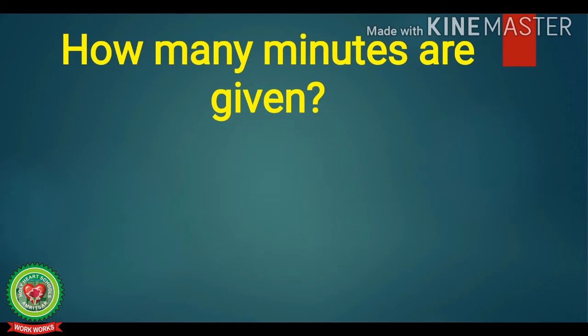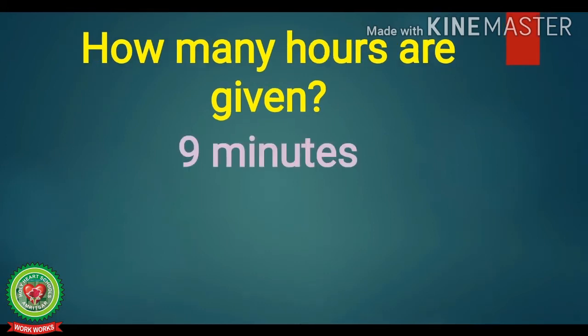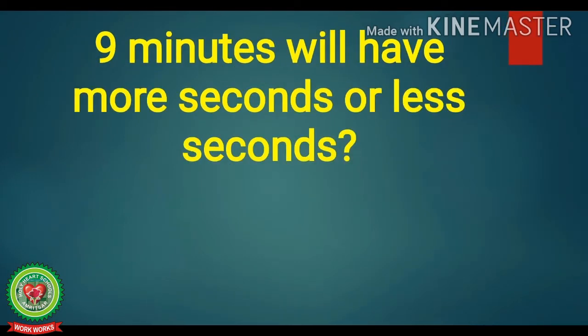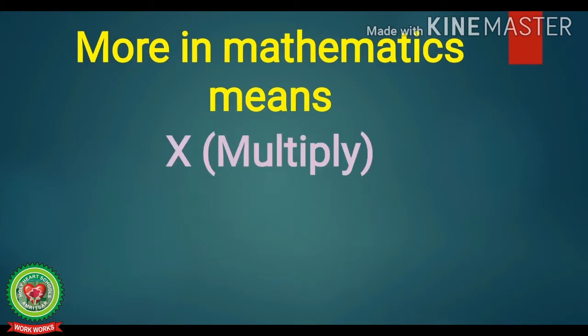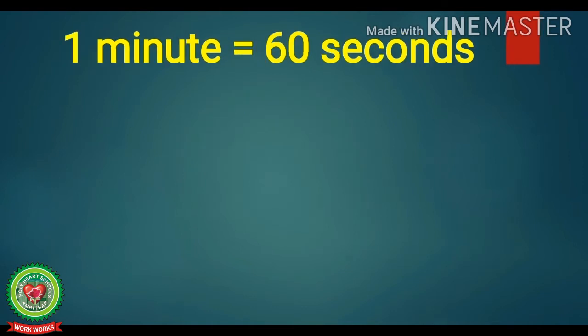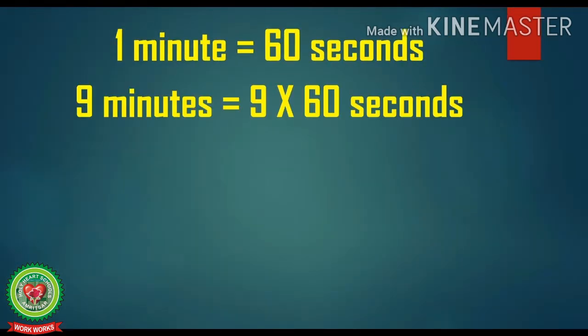So, how many minutes are given to us? 9 minutes. So, 9 minutes will have more seconds or less seconds? Yes, you are right. More seconds. And more means multiply. So kids, if 1 minute is equal to 60 seconds, then 9 minutes will be equal to 9 multiplied by 60 seconds.